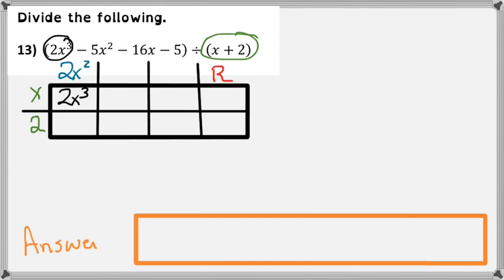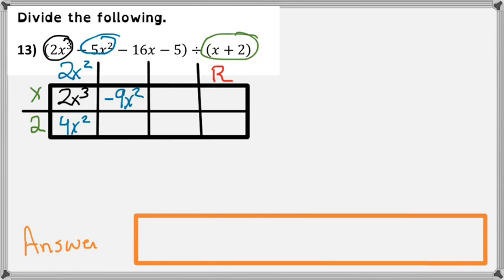I multiply, and that gives me a 4x squared. And what do I need to add to 4x squared to get to negative 5x squared? And that would be a negative 9x squared.